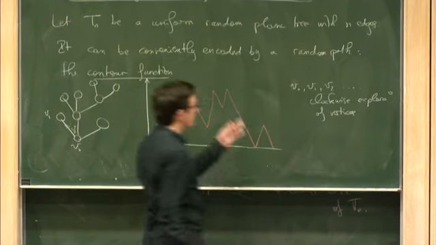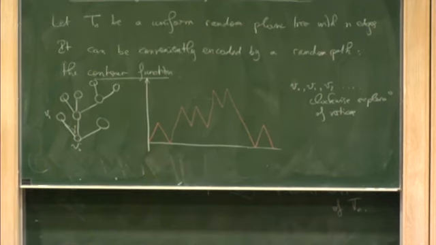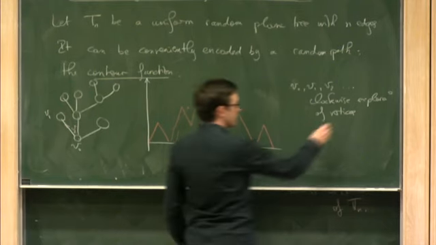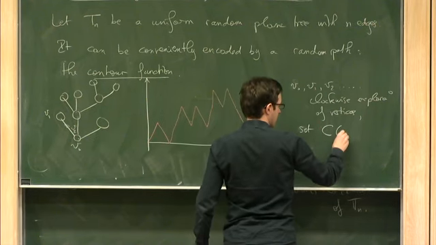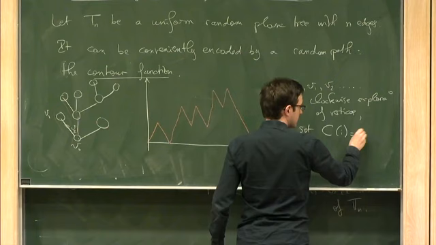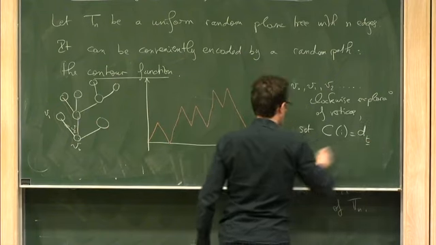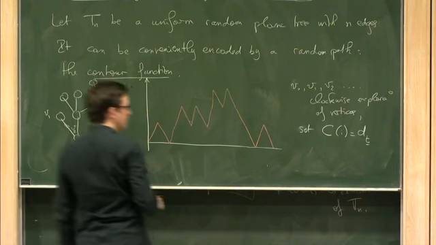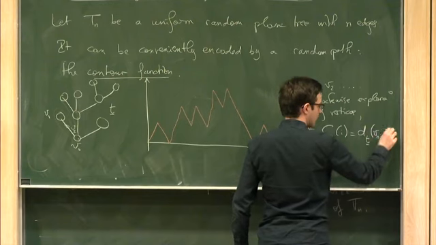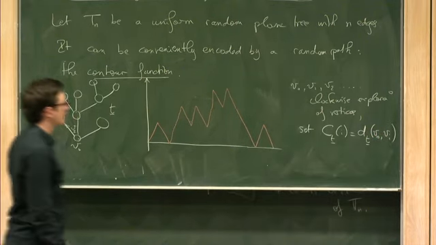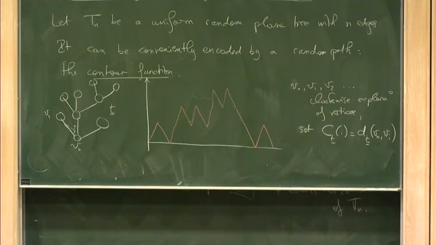So every vertex is encountered as many times as its degree, and set the contour process at time i to be the height, so the graph distance in the tree T. So maybe this was a tree T. The graph distance from V0 to Vi. And you extend it into a broken line path.